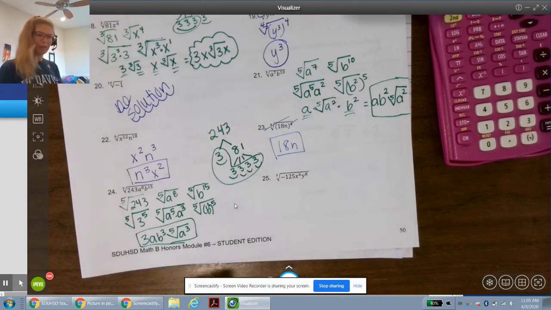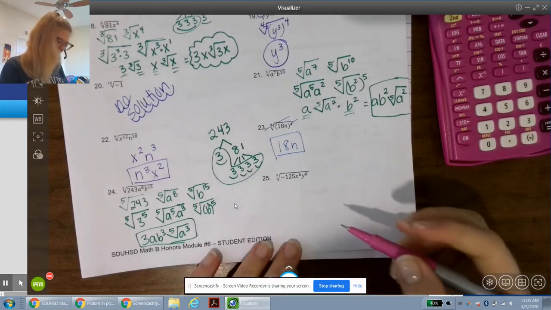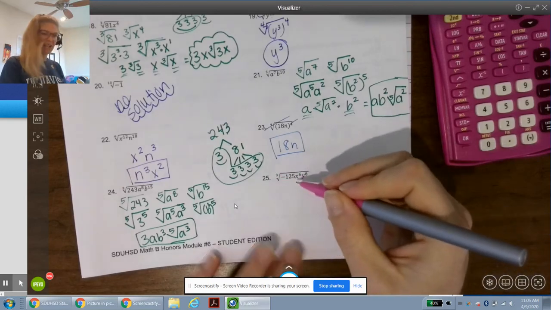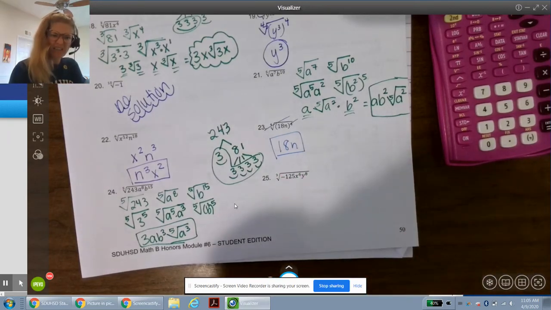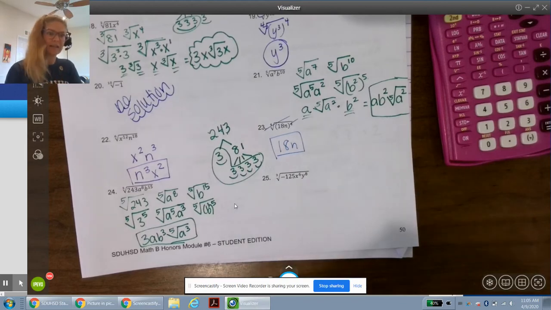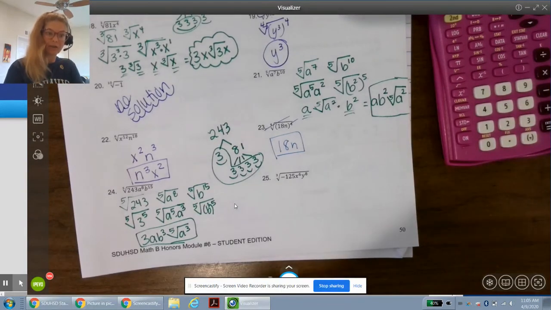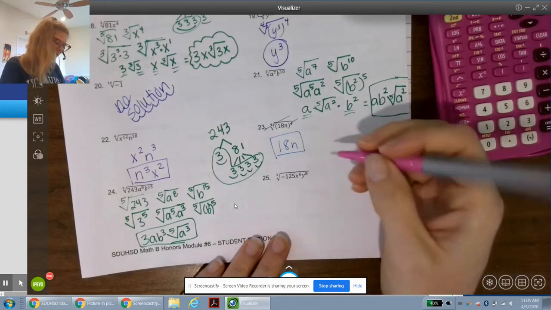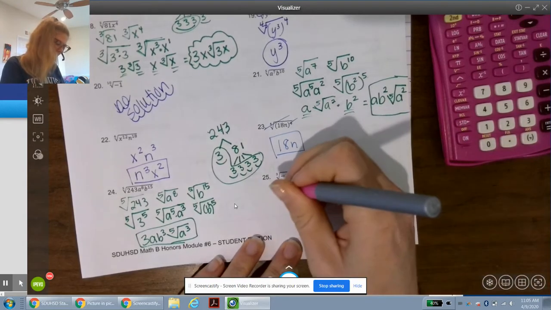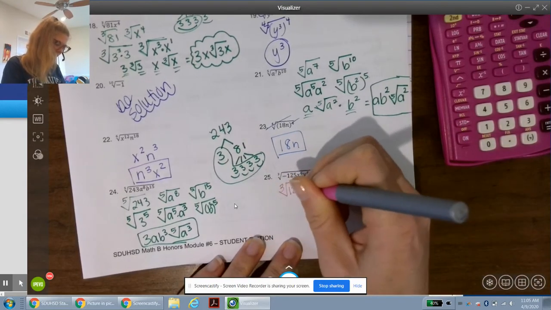Okay, last problem. Here we go. Grab my pink marker. Cube root of a negative, is that okay? Is that fine? Yes, it is, because we are taking an odd root of a negative number, and a negative times a negative times a negative, an odd number of times will still get you a negative. Okay, so let's see. Cube root of negative 125.